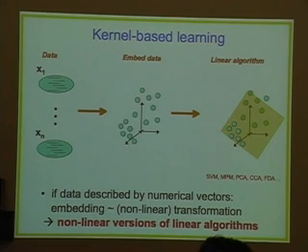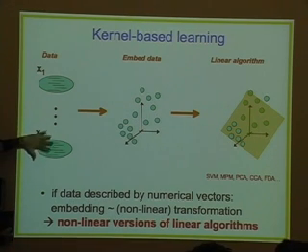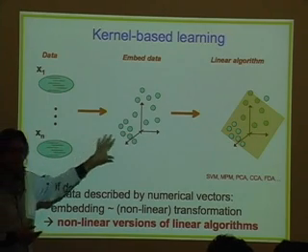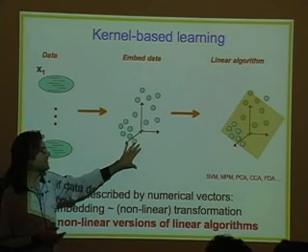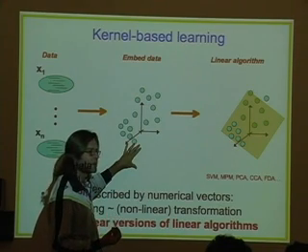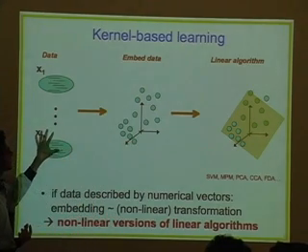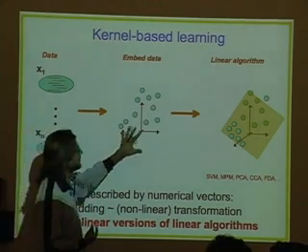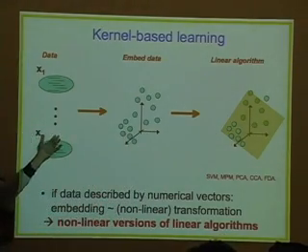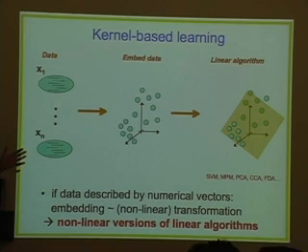The reason why kernel-based learning came up 10, 15 years ago was that if this data is described by numerical vectors, then this embedding step could correspond to a highly nonlinear transformation, which gives us the possibility to come up with a nonlinear algorithm, because finding a linear algorithm in this high-dimensional space corresponds to a nonlinear relationship between the data points in the original space.